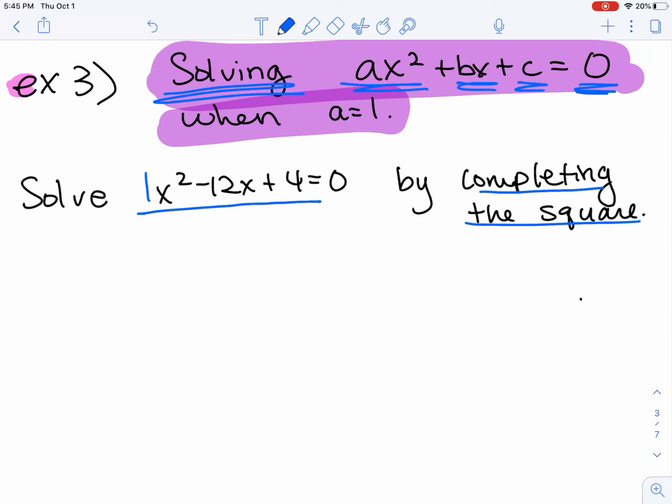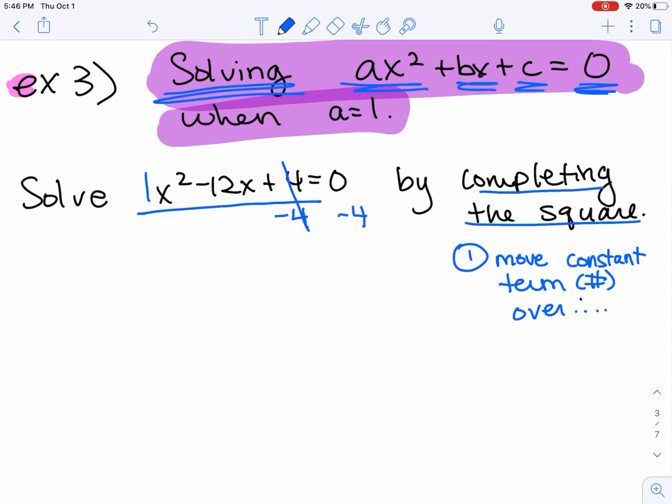So here are the steps of how to actually complete the square. If the a value is 1, our first step is to move the constant term, or the number, over. So we subtract 4 on both sides to get that to go away.